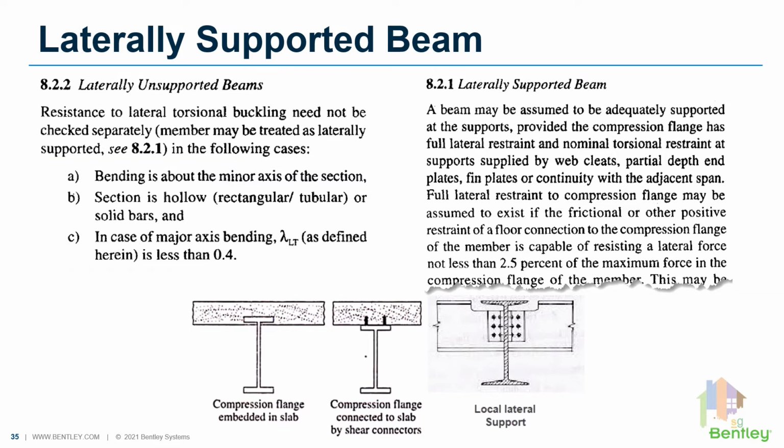In such cases, bending capacity is calculated only for yielding. Also, if the compression flange is adequately restrained against lateral and torsional movement, then we consider that beam as laterally supported, and in all these conditions, clause 8.2.1 is used to calculate the bending capacity value.